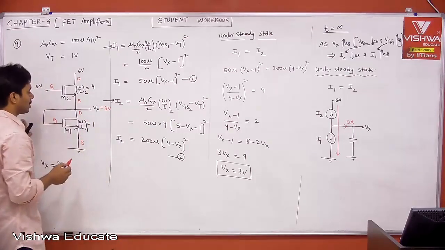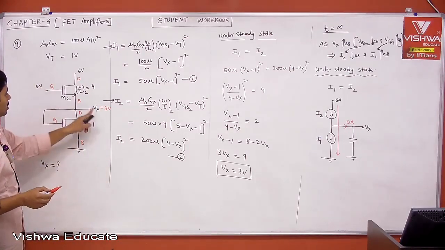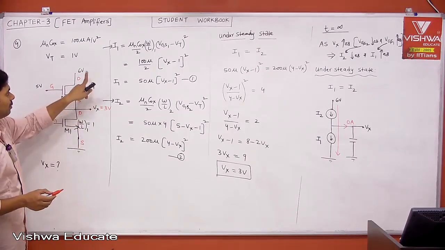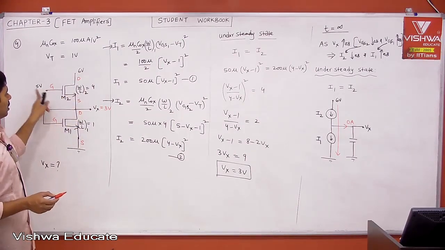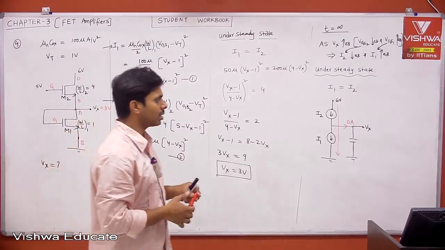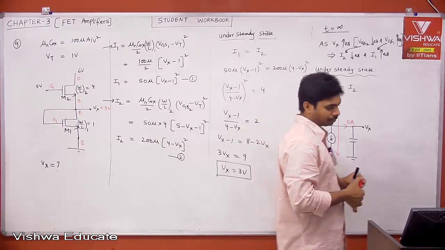Now let's see, this is in saturation. 5 minus 3, 2. 6 minus 3, 3. VDS is greater than VGS minus VT, 1. Therefore, 3 is greater than 1. That is true. Therefore, both are in saturation. Satisfied.